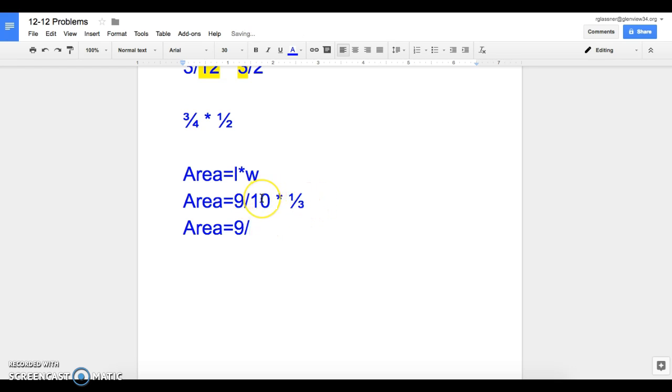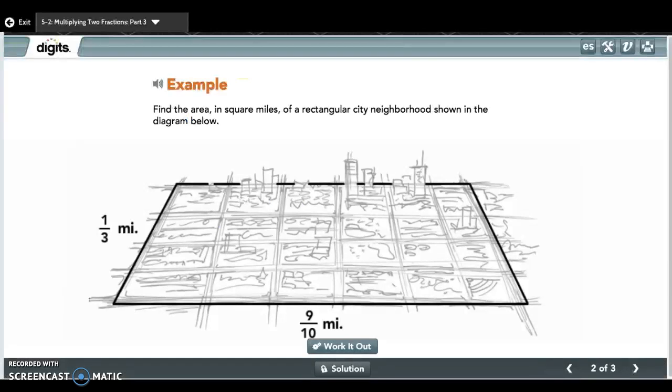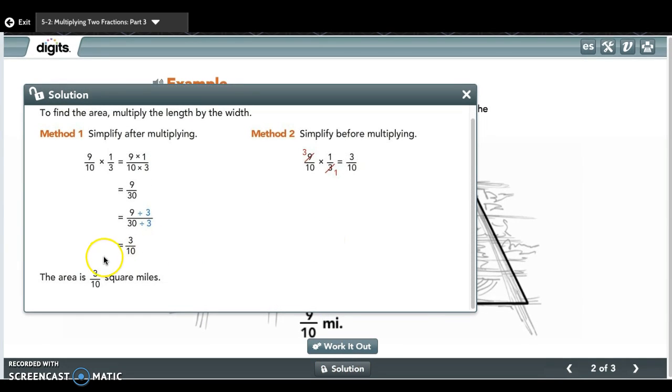Denominator times denominator, 10 times 3 is 30. So I get 9 over 30. What can you pull out of a 9 and a 30? I can pull 3 out of both, so we divide by 3 in the numerator and the denominator. 9 divided by 3 is 3, 30 divided by 3 is 10. So 3 over 10.